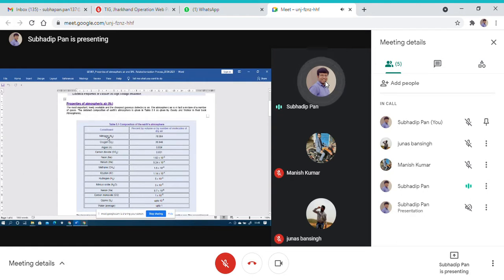The nitrogen availability in the air is 78.084. The availability of oxygen in the atmospheric air these days is 20.948, and as we know in this particular COVID-19 situation, there is a maximum requirement of oxygen.